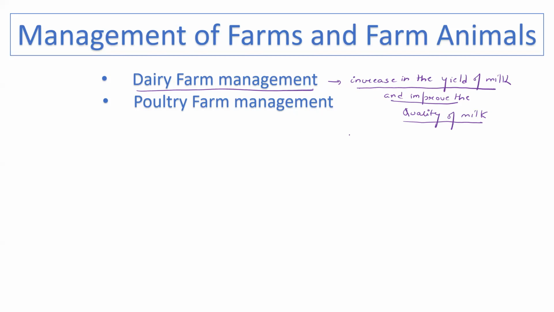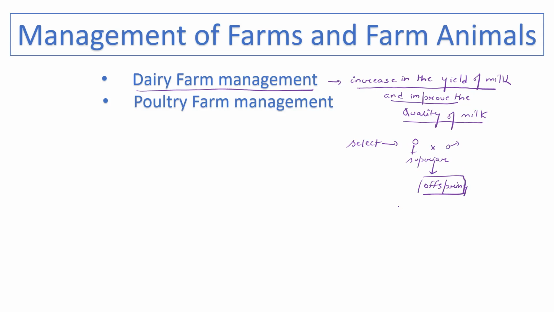In this method, we select the superior quality breed, a superior quality female and male. They have sexual reproduction, and the offspring we get from the superior female and superior male will produce high yield milk or milk of improved quality. So in this method, we select a good breed for better quality of food product.